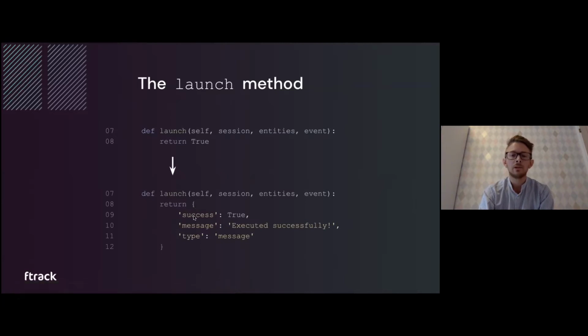When returning it as an object, you will need to specify a success element here. It just says true, which will just result in that message appearing from the top.